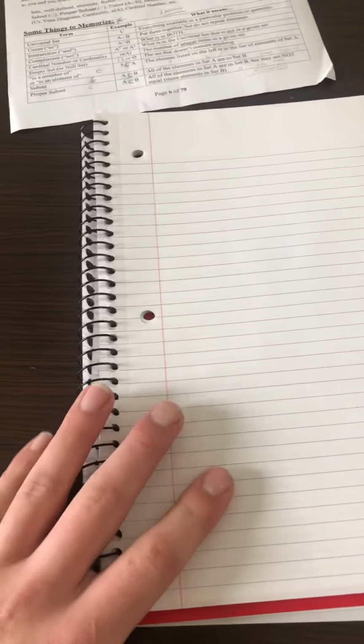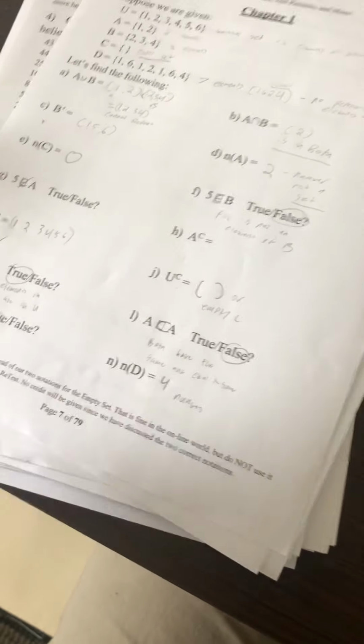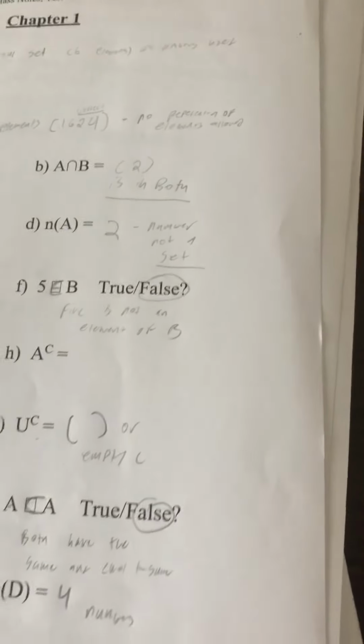Now let's do one more problem dealing with this kind of question, and then I'll move on to the next section. Let's look at our problem here. A proper subset U. So this is asking for a proper subset.